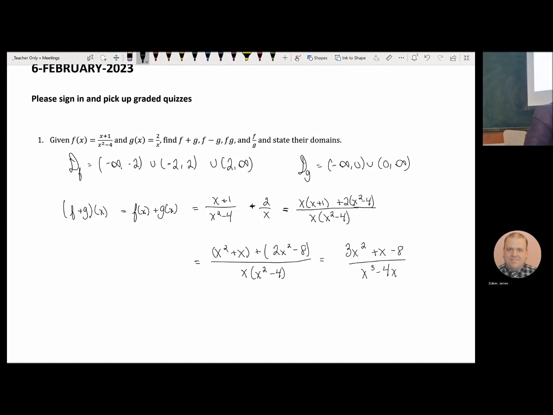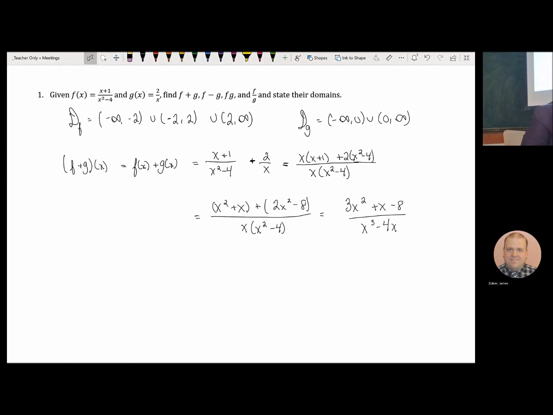And we'll distribute that x through in the denominator. Because that cannot be simplified. There's f plus g.